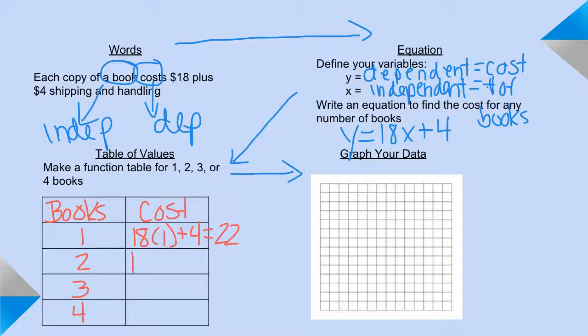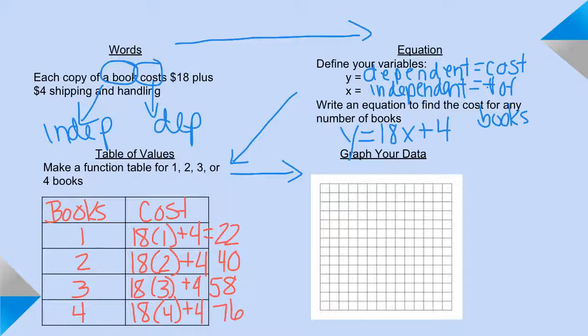If I buy 2 books, that's 18 times 2 plus 4, which is $40. If I buy 3, that's $58. And if I buy 4 books, that's $76.